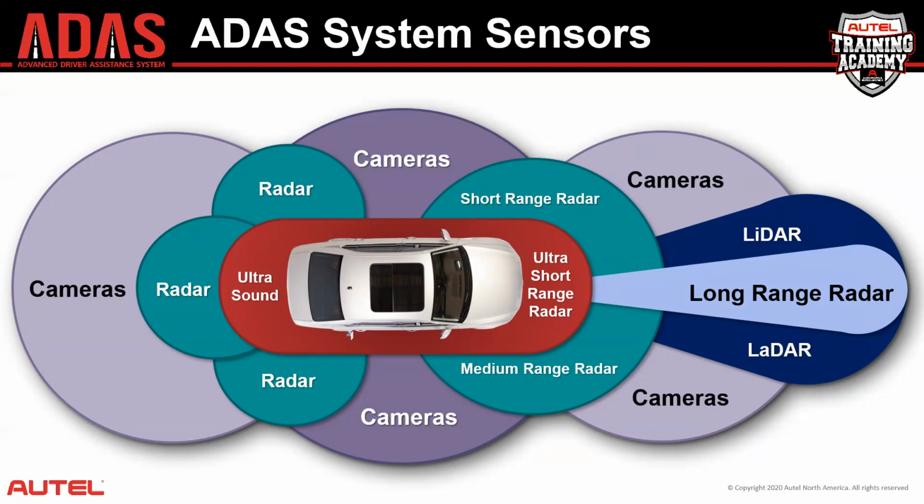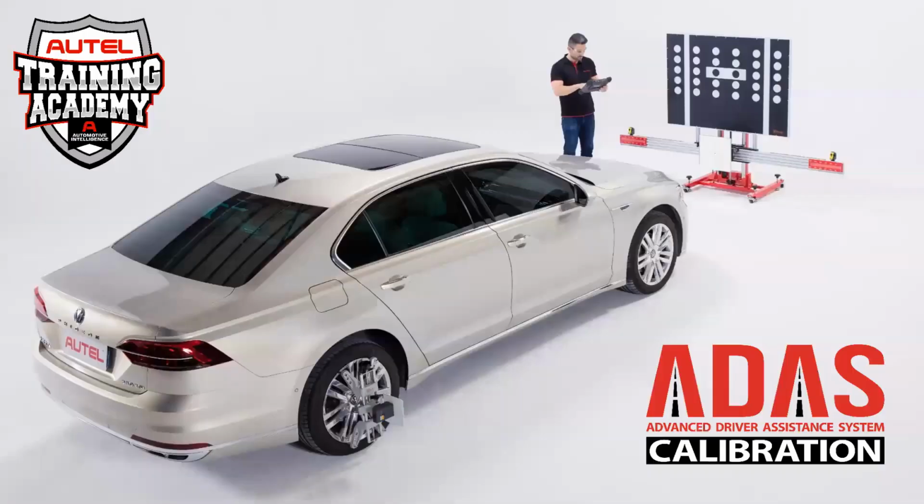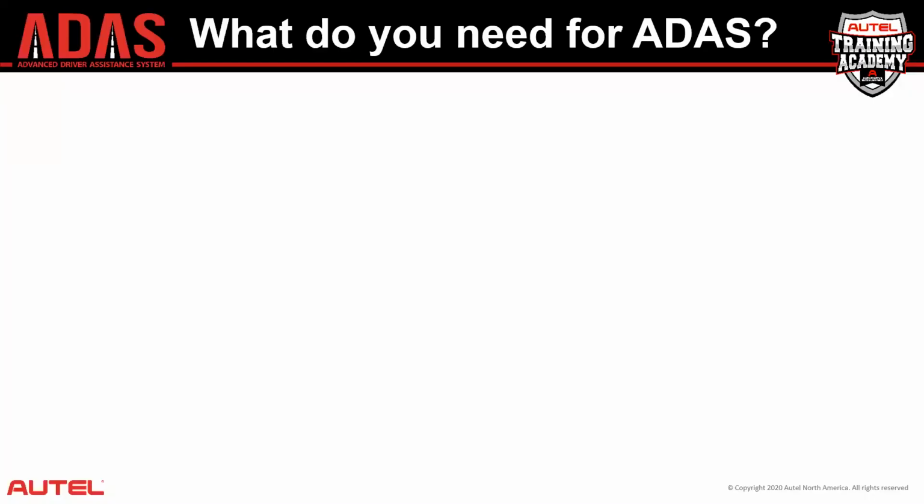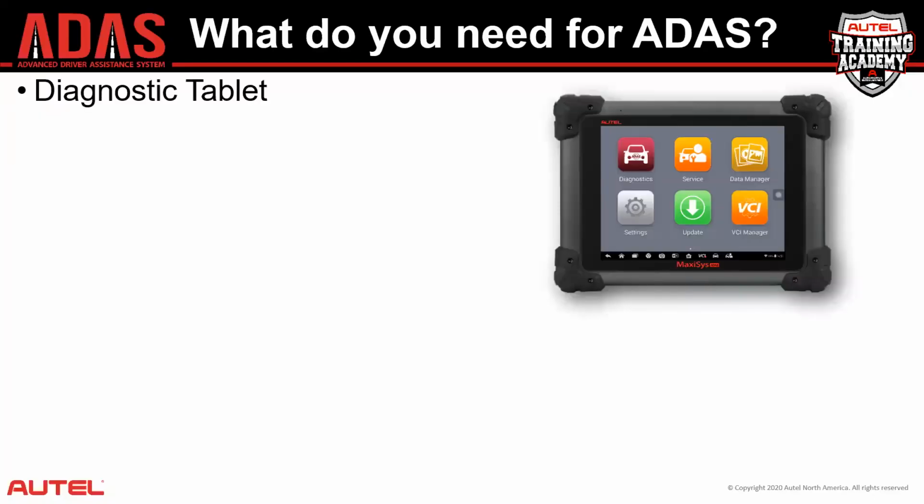But before we get too ahead of ourselves, let's start taking a look at what is necessary for a shop as far as equipment and bay space, things like that. What is necessary for a shop to have in order to start or get into the ADAS calibration business? It starts with a diagnostic tablet, a scan tool.